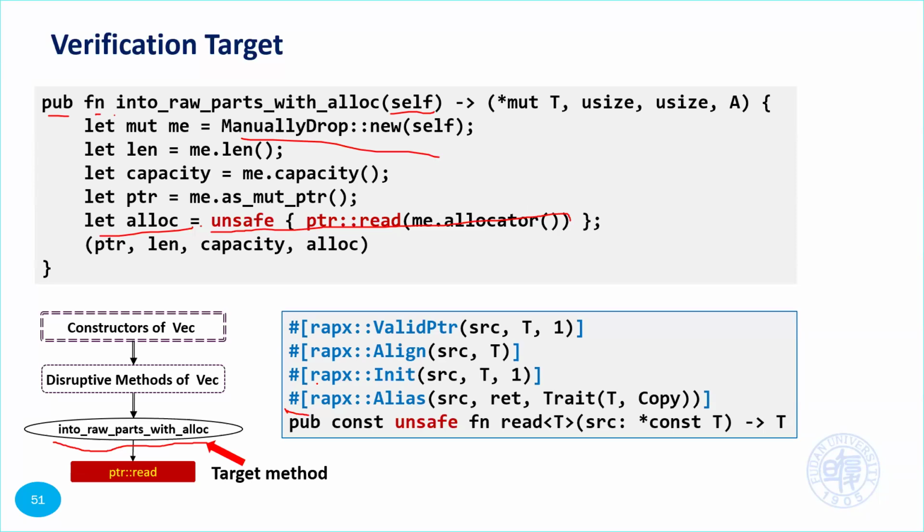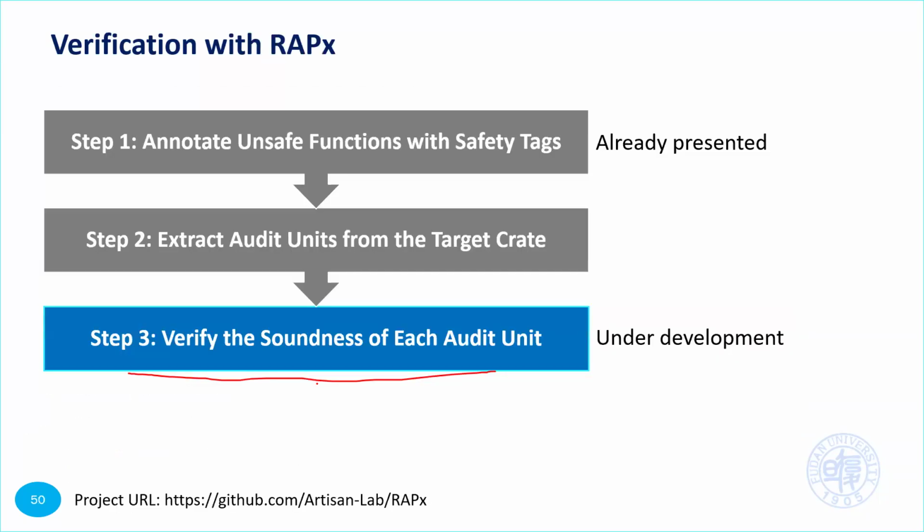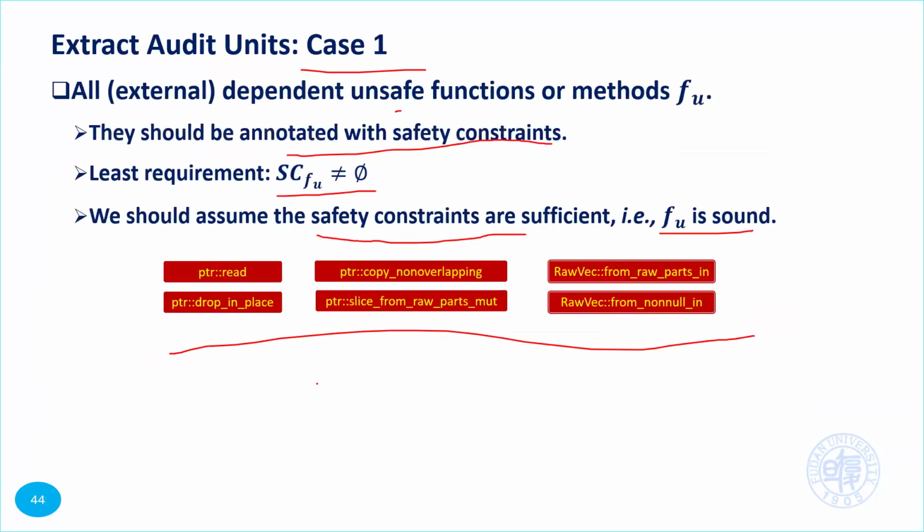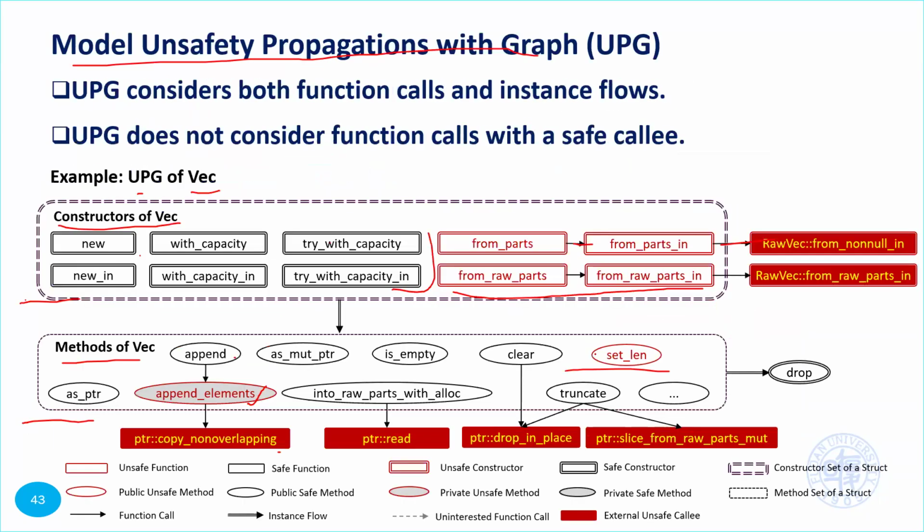You will not try to use a post condition of this function to verify the caller. Do you mean if the method is other unsafe method?